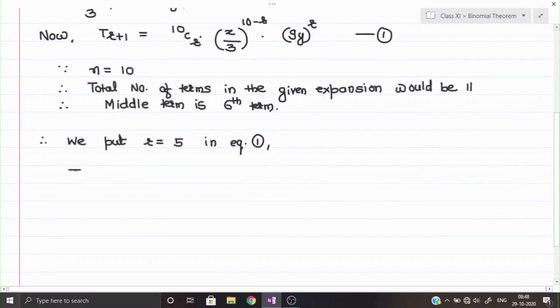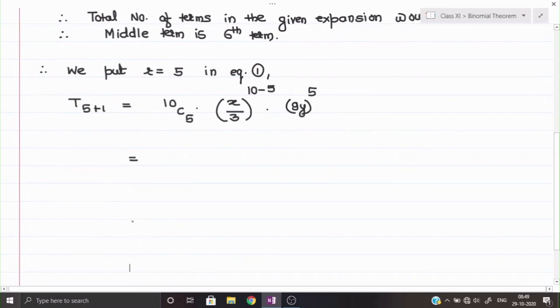So this will be T(5+1) equal to 10C5 into (x/3) to the power of 10 minus 5, into (9y) to the power of 5, right? So here we have kept the value of r. Now let us simplify. For 10C5 we do not have any option, because if we apply the complement rule it will remain the same.